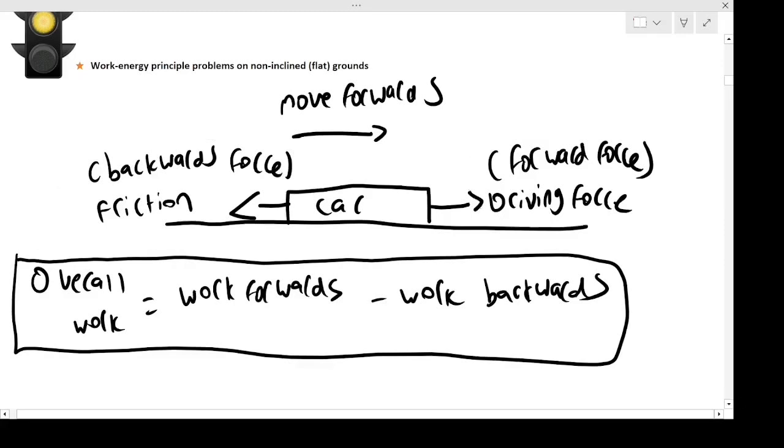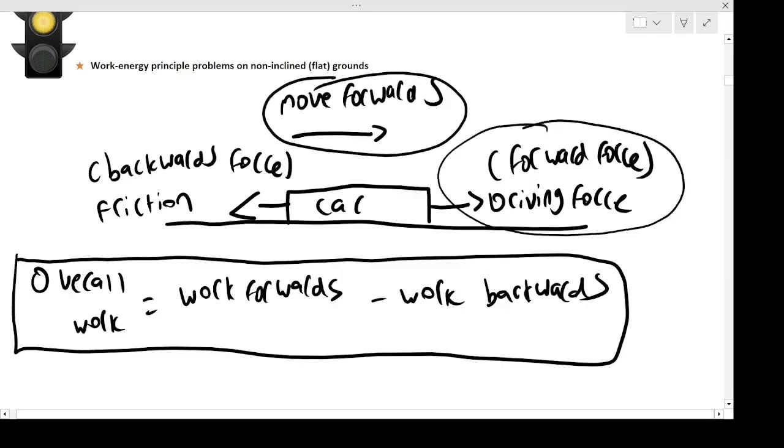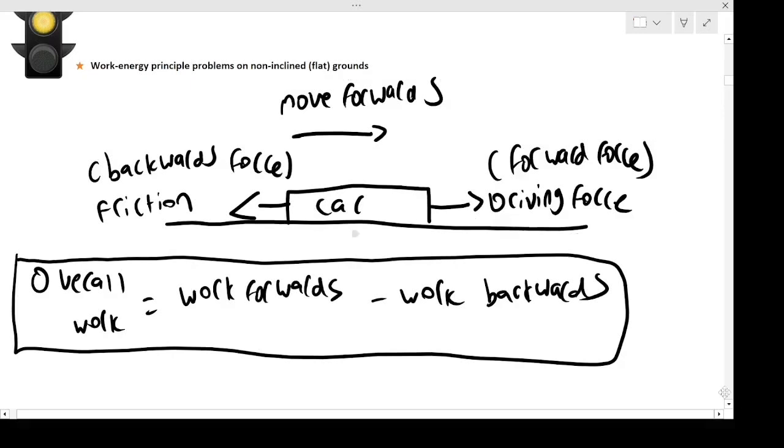Ultimately, as you can see, the car moves forward. That's because the work done by the driving force moving it forward has to be bigger, in order to overcome the work from the friction slowing it down. Hopefully that made sense, and hopefully you're with me on this.